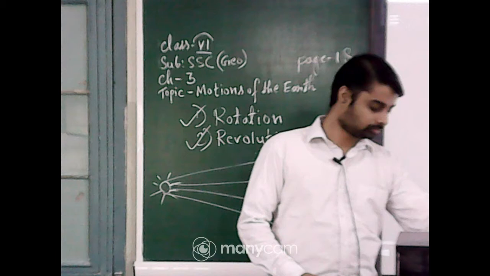Remember, rotation is very important for the existence of animals and plants on the Earth, and it is important because day and night occur because of the rotation. So these are the importance of rotation.